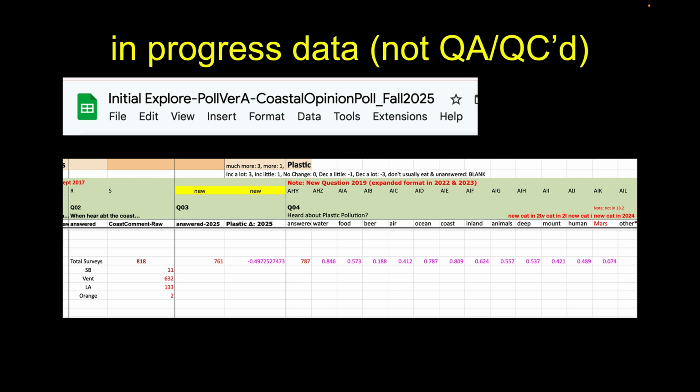So this number here, for example, this 787, this would be the number of people that have answered that question so far. And then the 846 was telling me that about 84.6% of the people were correctly able to recognize that water was a thing that they had heard contained plastics.